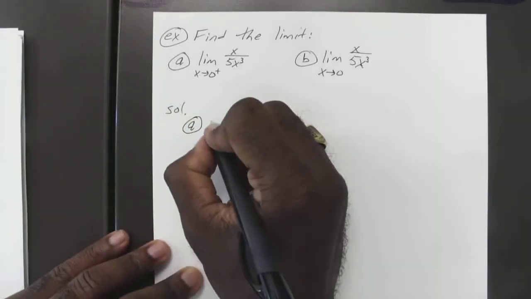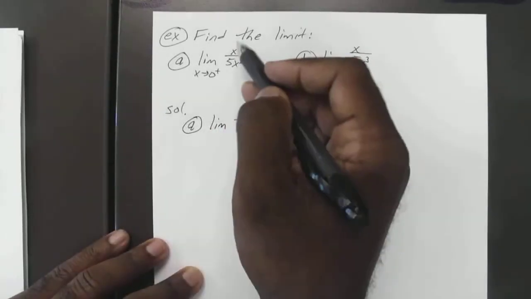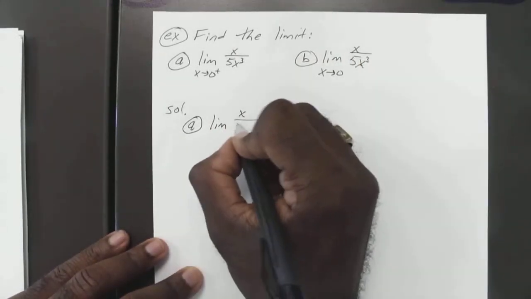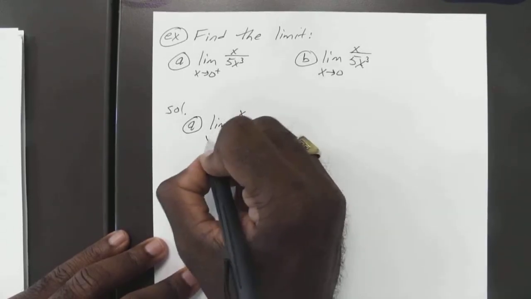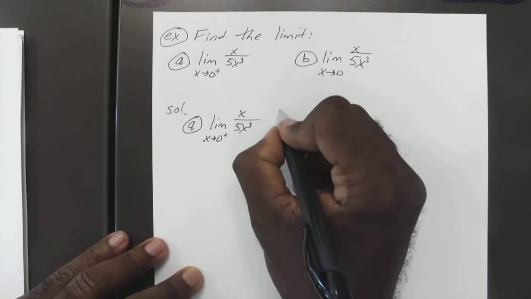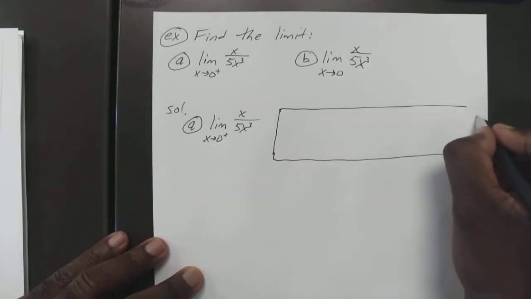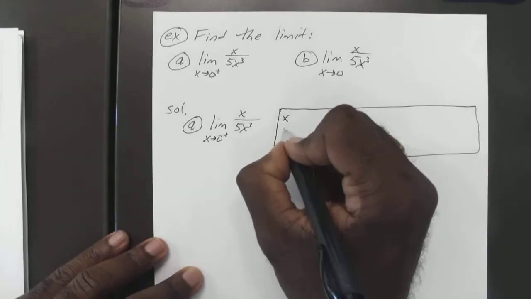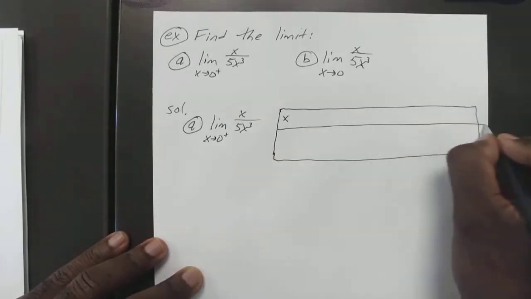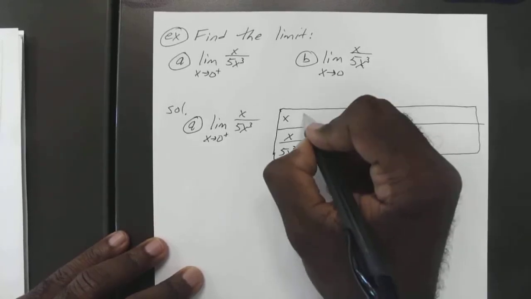Okay, so for A, if you wanted to, you could cancel out the x's, but you don't have to. X approaches 0 from the right. You have x over 5x cubed.